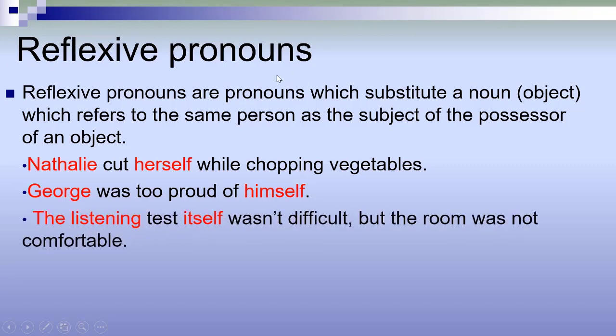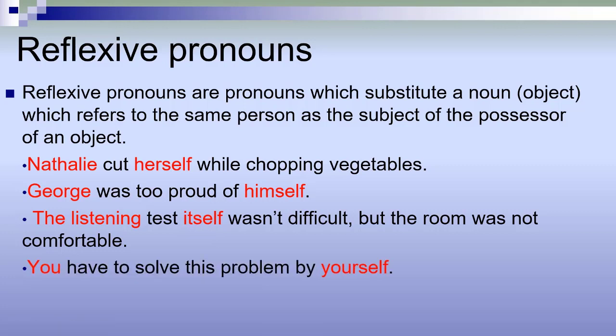And then we have the listening test itself. The listening test itself wasn't difficult, but the room was not comfortable. So itself here refers to the test. You have to solve the problem by yourself. Yourself here refers to you.